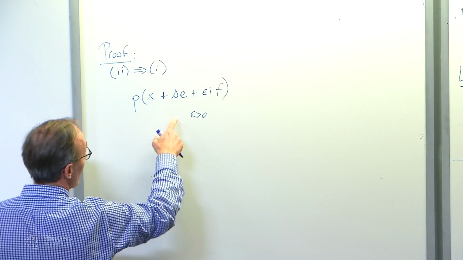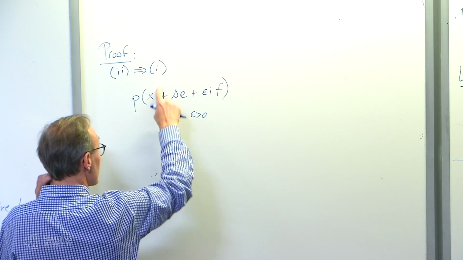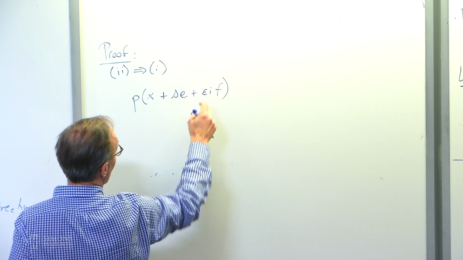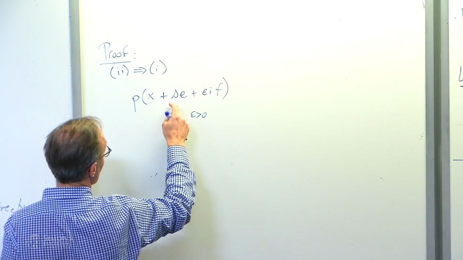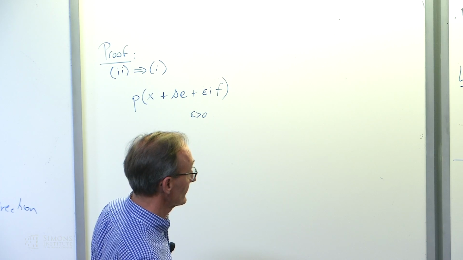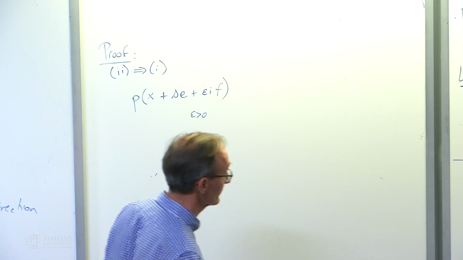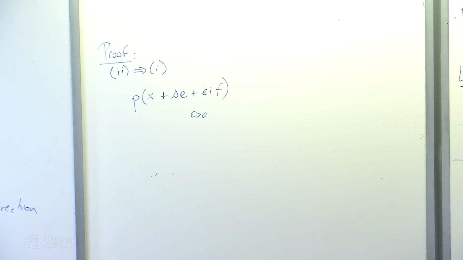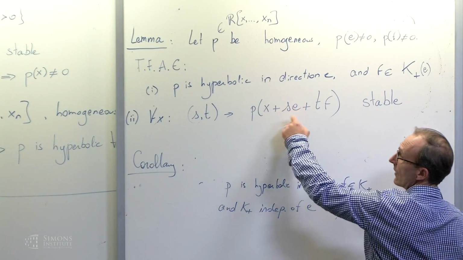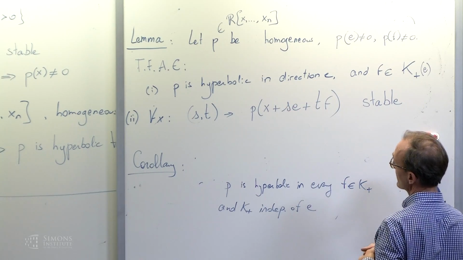If I look at the roots here, since these have positive imaginary part, the fact that it's stable means that a root will have non-positive imaginary part.